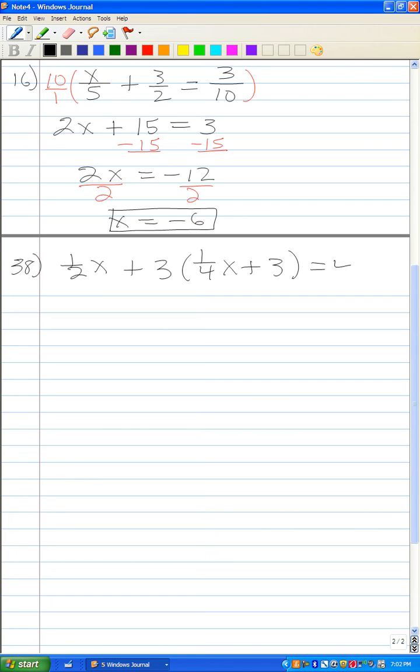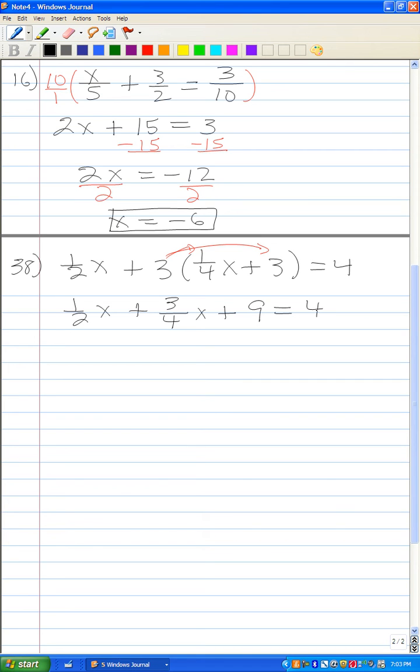So by the distributive property, I have the following: 1/2 x plus 3 times 1/4. Well, I can write 3 as 3 over 1. So let's multiply numerator times numerator, 3 times 1 is 3. Denominator times denominator, 1 times 4 is 4. 3 times 3 is 9.